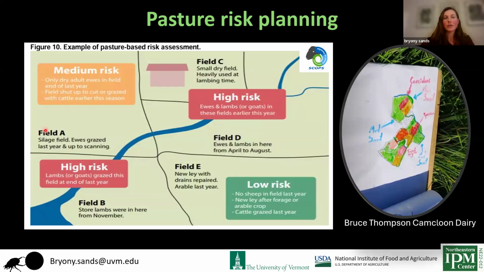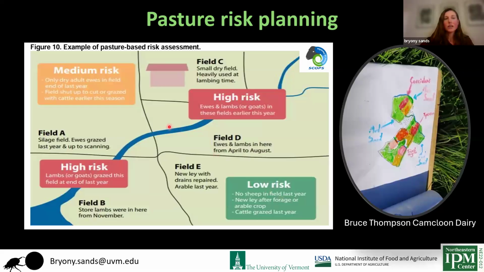This is an example that's been based on sheep, but it applies to cattle as well. If we take a look at a low risk pasture here, that might be one where there was no cattle grazing last year. It might have been arable last year or hayed. So it's had a whole year off, basically. We know that there's likely to be very low numbers or no parasites on that pasture.